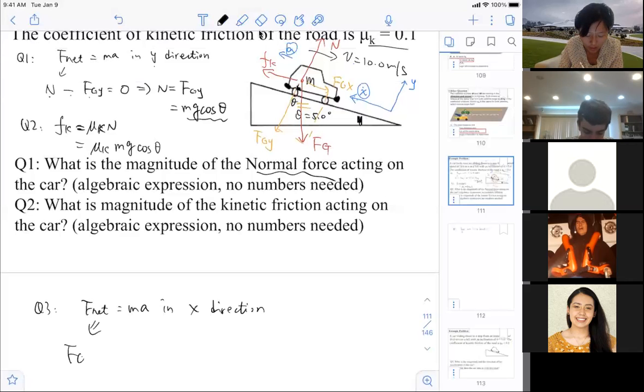One is FGX, one is friction. Now let's decide which one is positive, which one is negative. My x is pointing along the ramp, so my friction is also in that direction, so that's positive. But FGX is in the opposite direction, so that is going to be negative. And it's equal to ma. A is in the x direction.